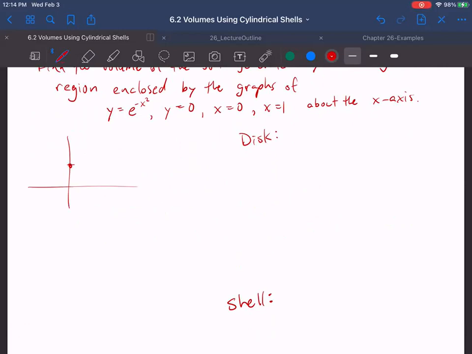Because this is really 1 over e to the x squared. As x gets bigger, then x squared gets bigger, which makes the denominator bigger, which makes it smaller. So as we go out to infinity, we go toward 0. What about as x goes negative toward infinity? Same, because we're squaring it. So it's going to do that.